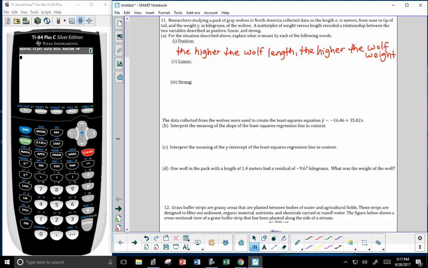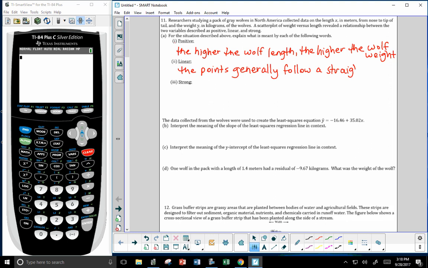Okay, for linear, we want to say the points generally follow a straight line, or the points generally follow a straight pattern. Okay, it's important to use the word straight.